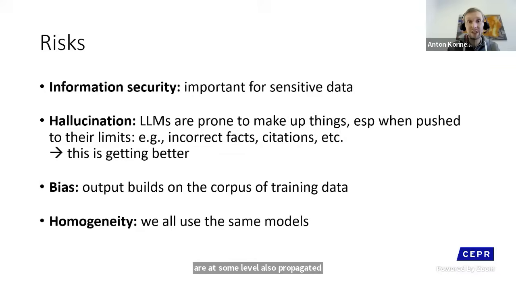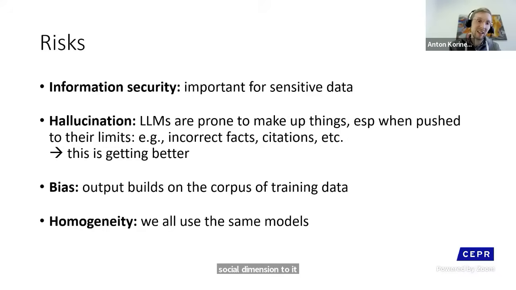And that's something we need to be aware of. Depending on your application, if you ask it, for example, to write code to analyze data, then this may be completely irrelevant. But if you ask it something that has a more social dimension to it, then you always need to be aware of the bias.